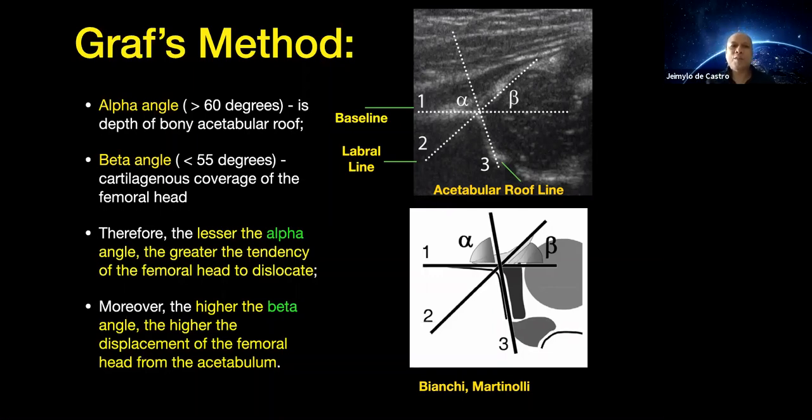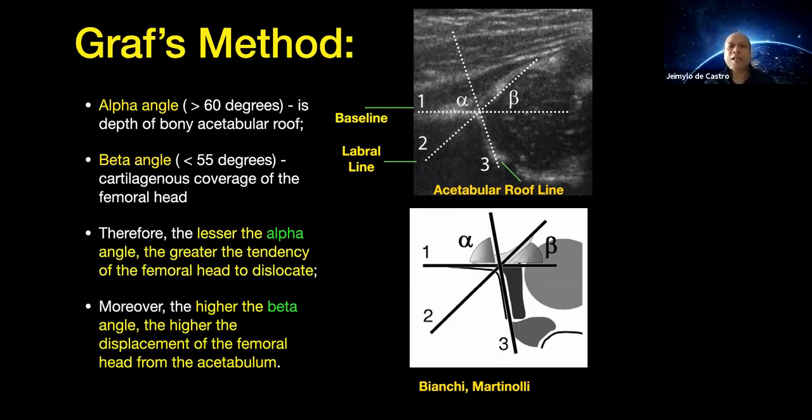It is described as the cartilaginous coverage of the femoral head. So it's the one that covers the femoral head, and it has to be less than 55 degrees, okay? Because if you open it up and it is more than 55 degrees, then you are allowing the femoral head to go out, forming a dysplastic hip.